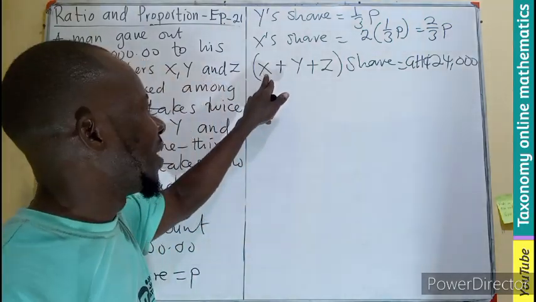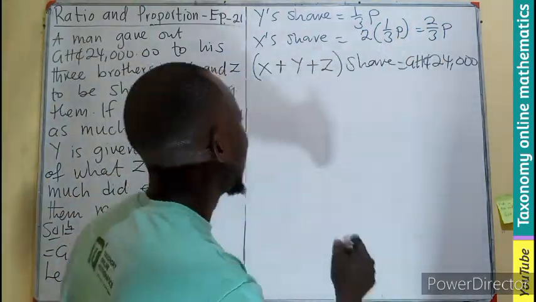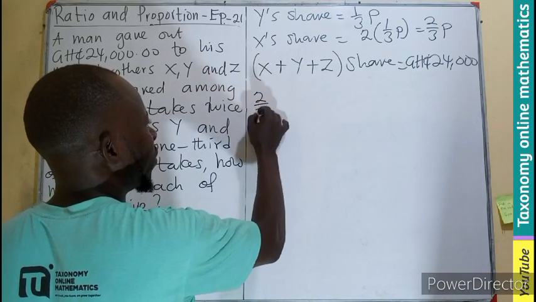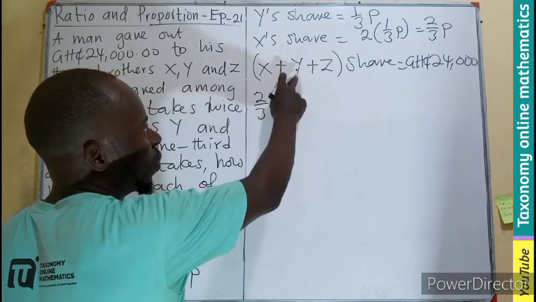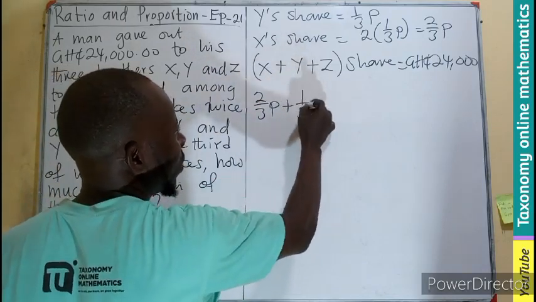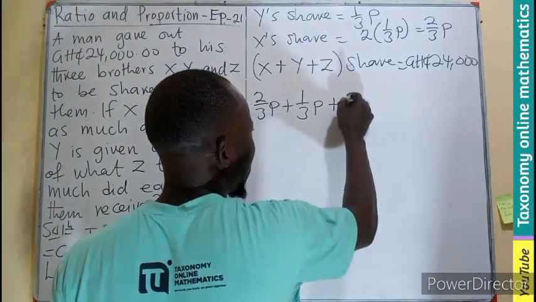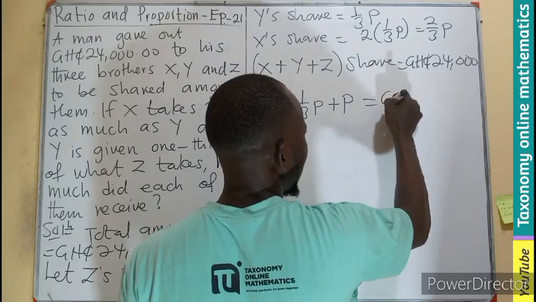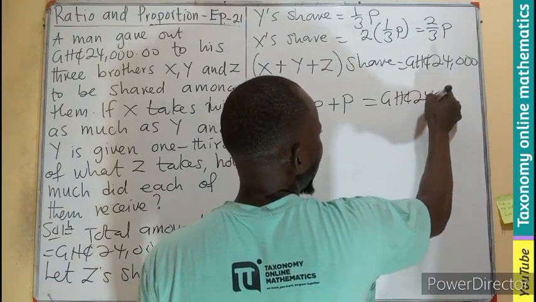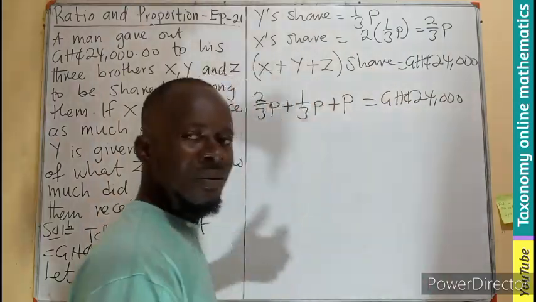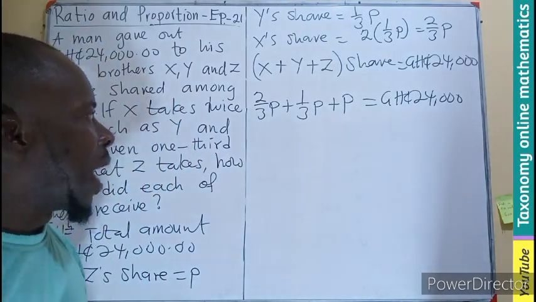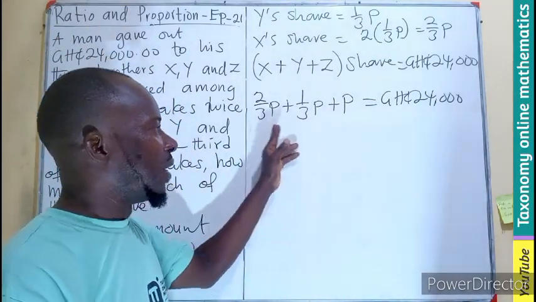X is replaced by 2/3 P, Y is replaced by 1/3 P, and Z is replaced by P. All these will give us 24,000.